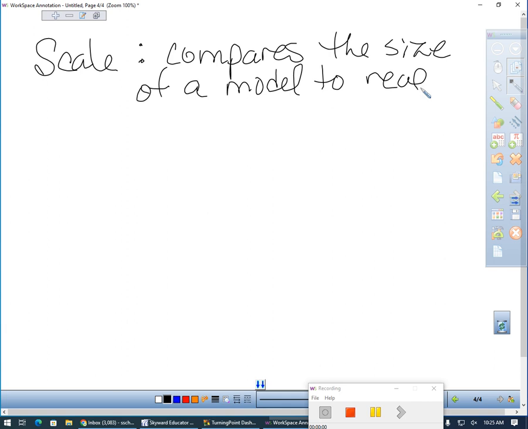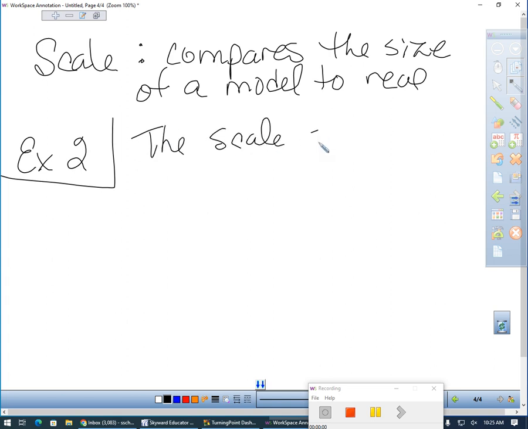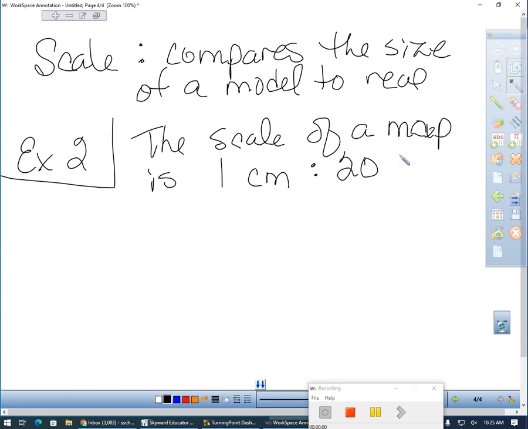Okay? So in example number 2, I'm going to tell you that the scale of a map is 1 centimeter is equal to, let's say, 20 kilometers.